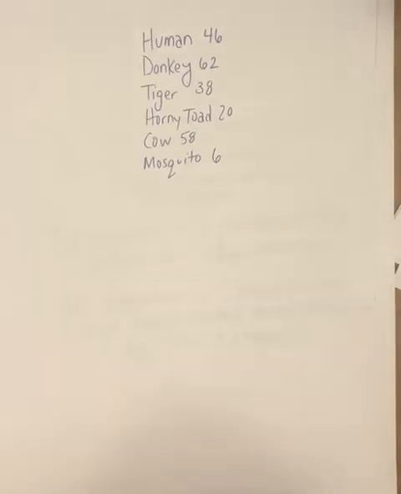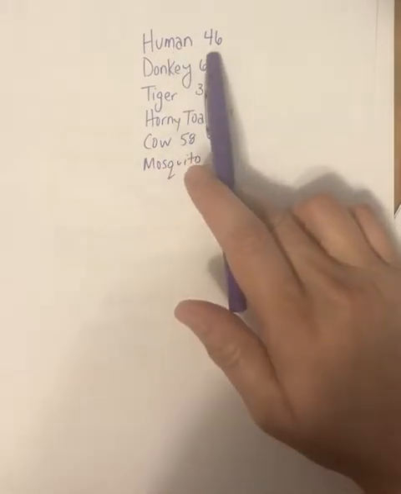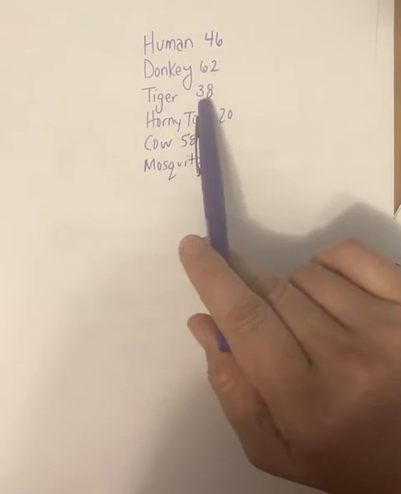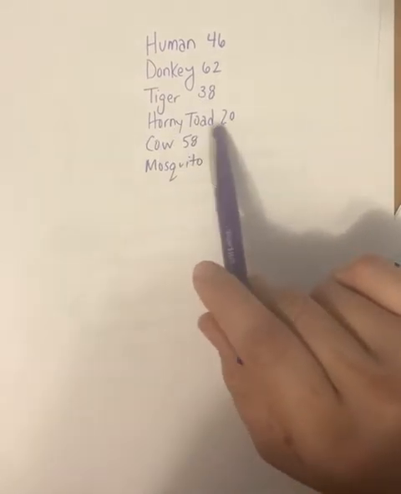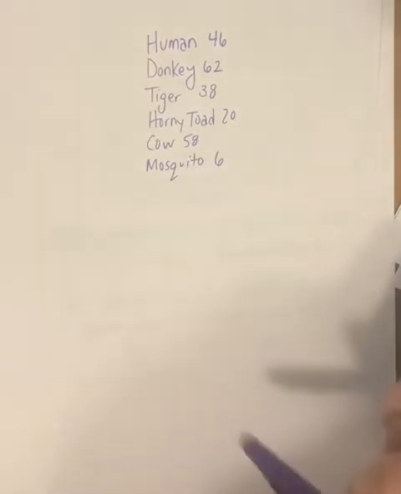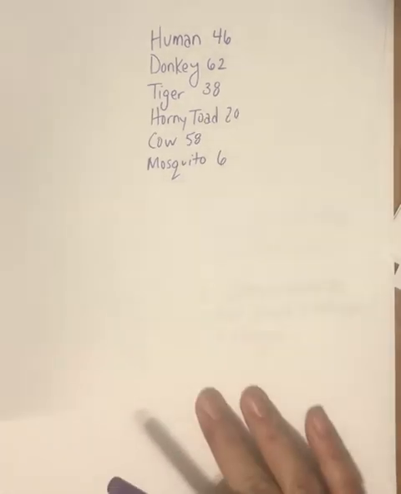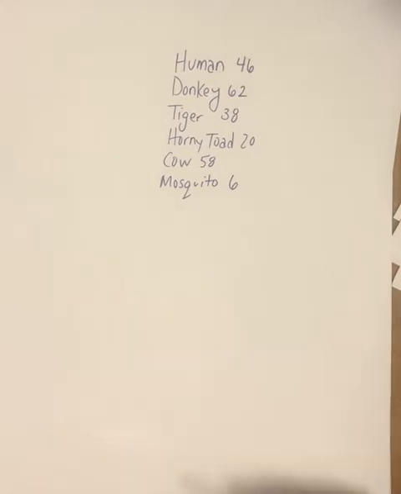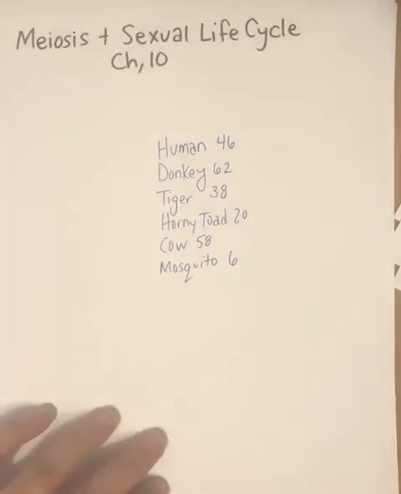So I have a list here that we could talk about. Humans have 46, donkeys have 62 chromosomes, tigers have 38, horny toads have 20, cows have 58, and mosquitoes have 6.